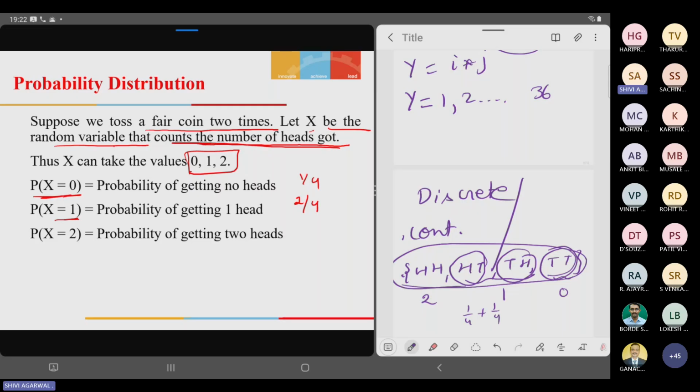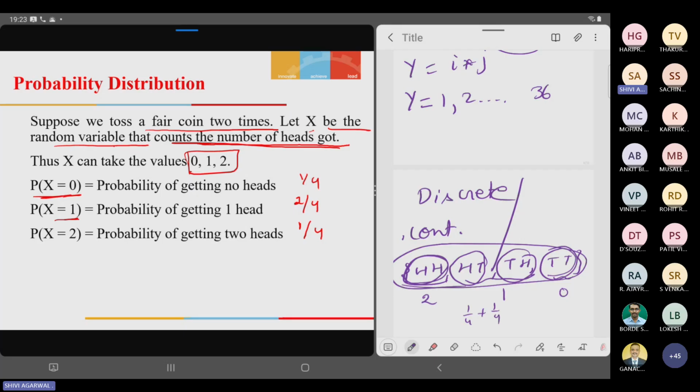Why 1 by 2? It is 1 by 4. I am asking probability. Why is it 3 by 4? There is only one option when X is equal to 2. So it is 1 and the total is 4. Please check. It is 1 by 4.